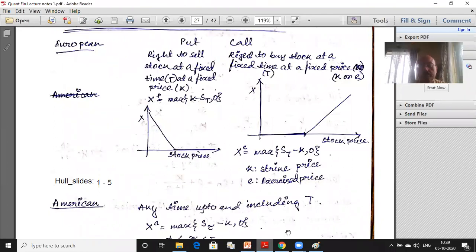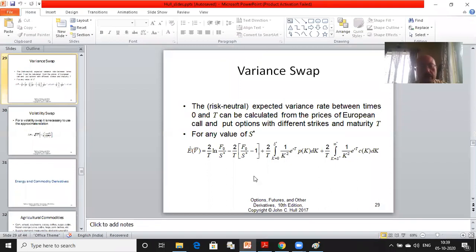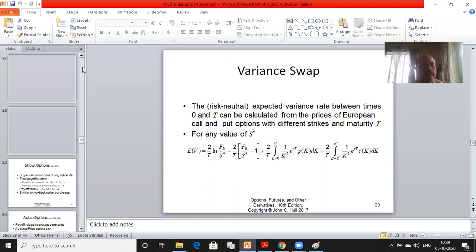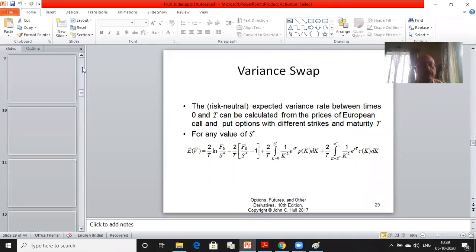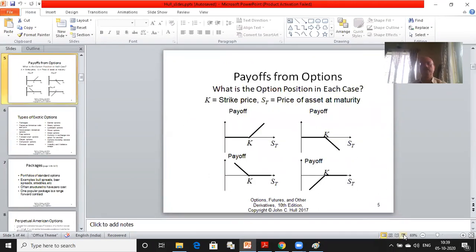With that differentiation, I will now discuss some of the common contracts. We started discussing some of these last day, but let me take it from the top again.